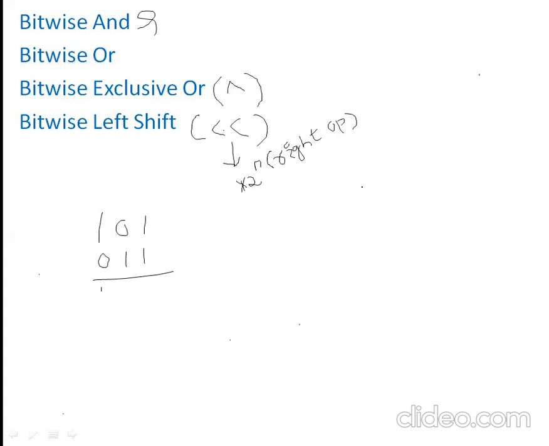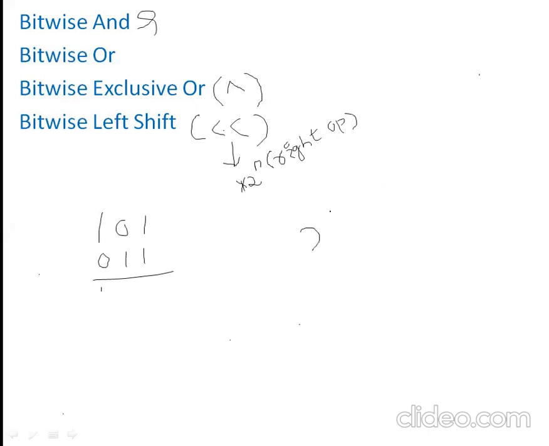Plus. So here the left operand is A, and the right operand is B. Like here, whenever you get this left shift symbol, you can just replace it with into 2 to the power n, where n is the right operand. Okay.